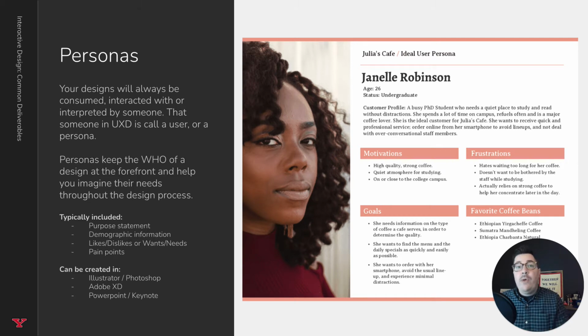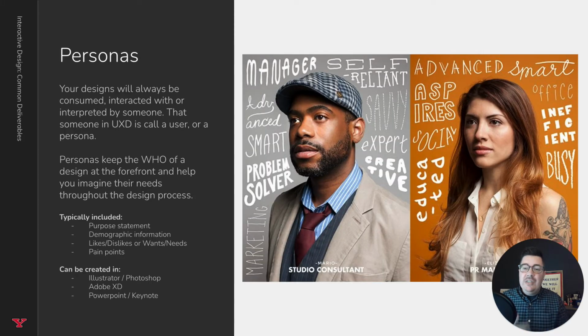So like I said, on the right-hand side, you see a pretty traditional persona that would be a deliverable for a UX designer. I want to share this example as well. I'm pretty sure this comes from a Mailchimp persona within their organization. And what I really love about this is you can tell somebody who went to design school probably did this persona. Somebody who was passionate about typography and illustration.